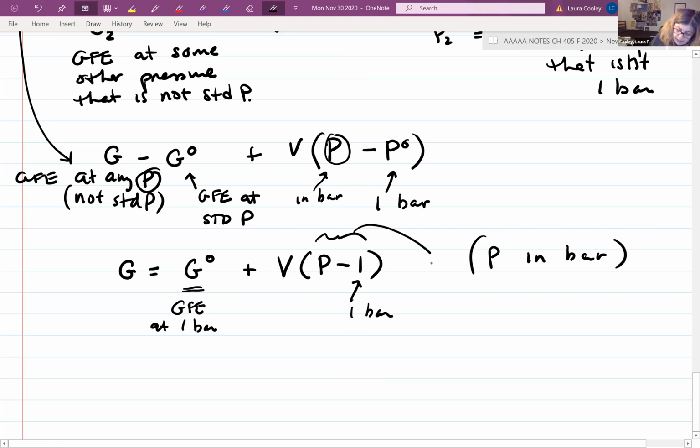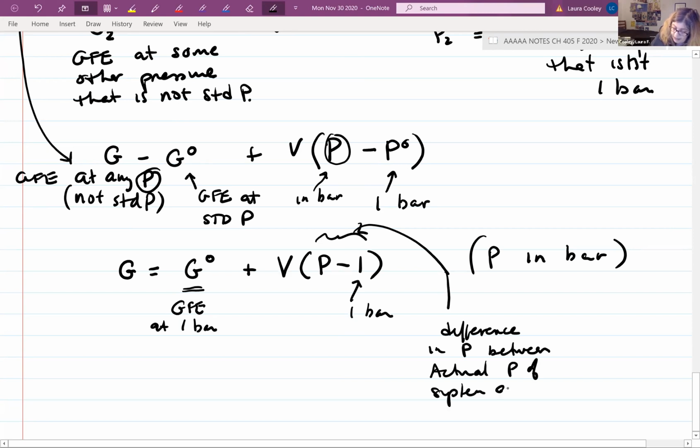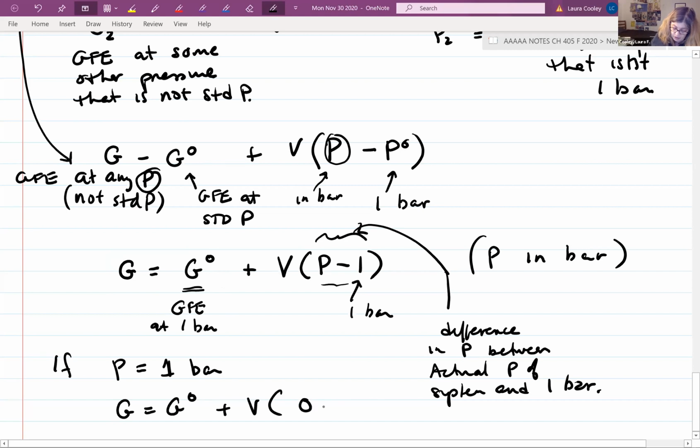So this is the pressure difference between the actual pressure of the system and 1 bar. Okay, so if you're right at 1 bar, then this is going to equal 0. And then the Gibbs free energy is just equal to the standard Gibbs free energy, right? So if P is equal to 1 bar, then G equals G0 plus V times 0.